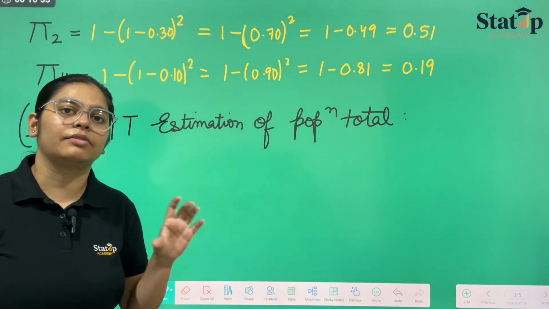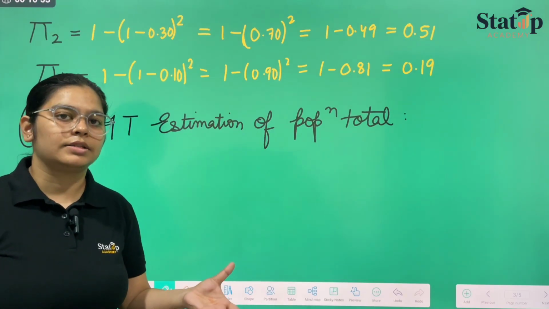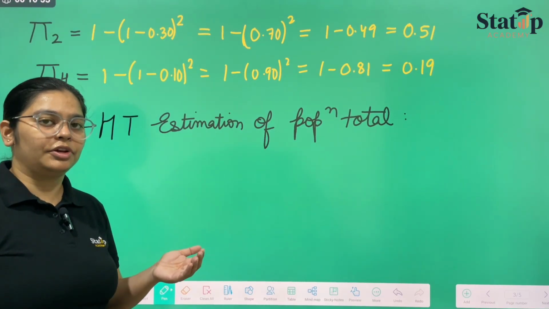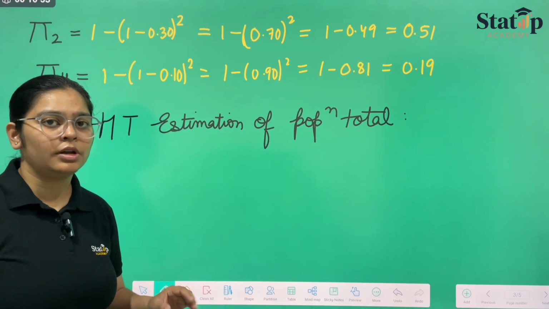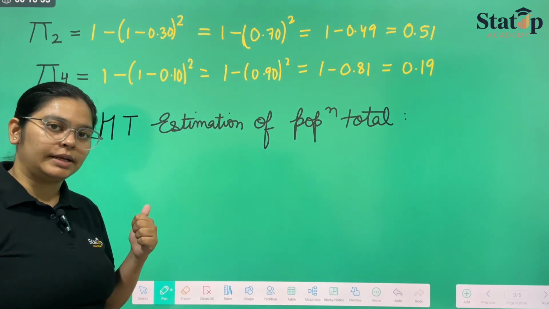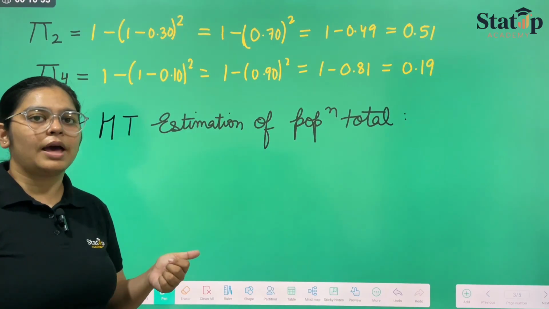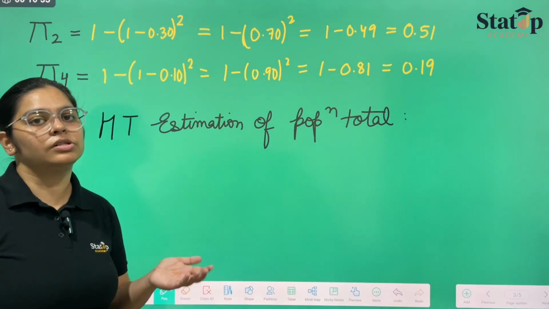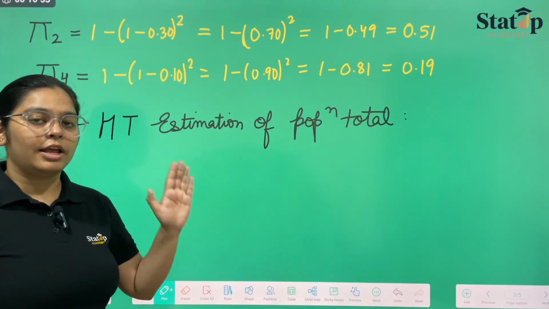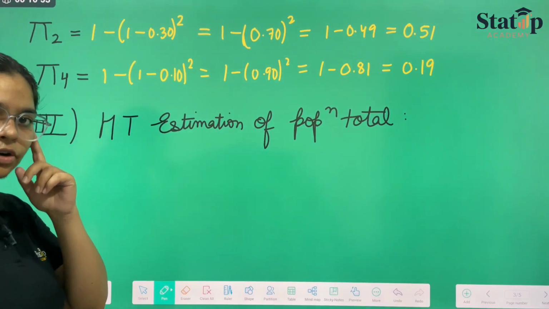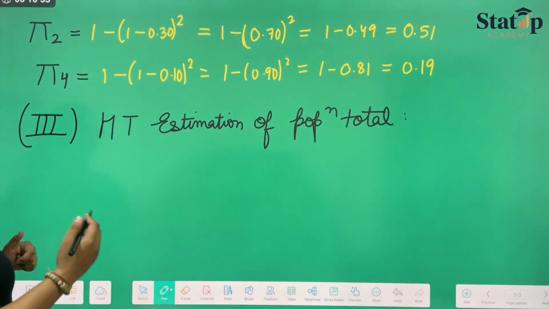We will just be taking the final result of that derivation. If you don't know that derivation, or if you haven't done Horvitz-Thompson, then you can go back to our sampling techniques videos, where I have clearly stated every step in the derivation, and the final answer has also been given. So I'll be using that directly. You can look at how we have calculated that in your notes.